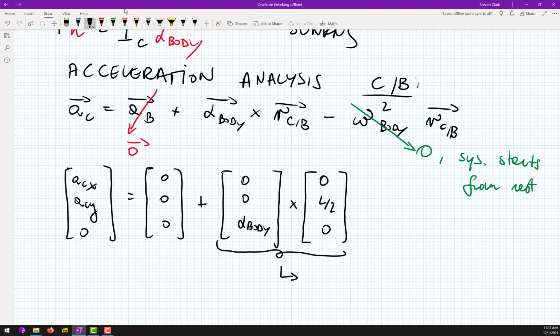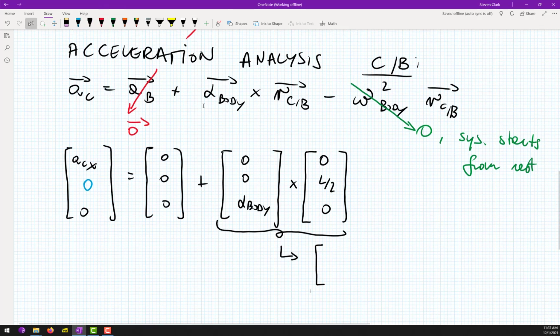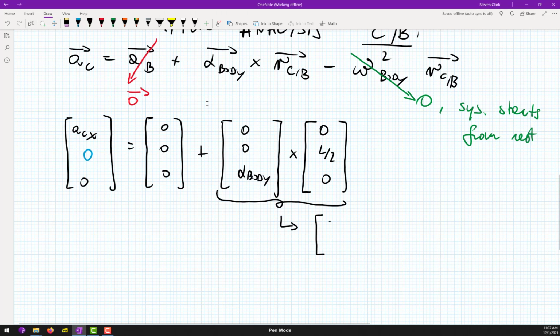Before doing the determinant, I actually want to tell you guys that we found this value, right? This was 0. We found it, yeah? So I can put 0 here. And if you do this determinant, you will end up with minus alpha body L half, 0, 0.